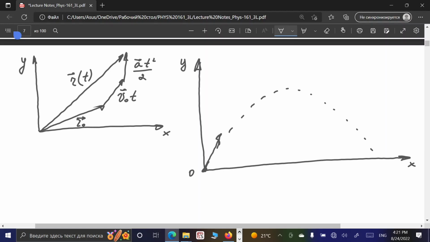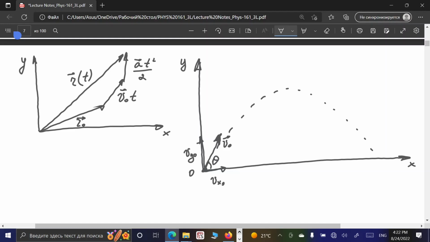We have some vector v naught, which is initial velocity vector, at some angle theta to the horizon. Obviously, this vector will have some projection on axis x and y. So we will have vx naught, and here will be vy naught at the initial moment of time.